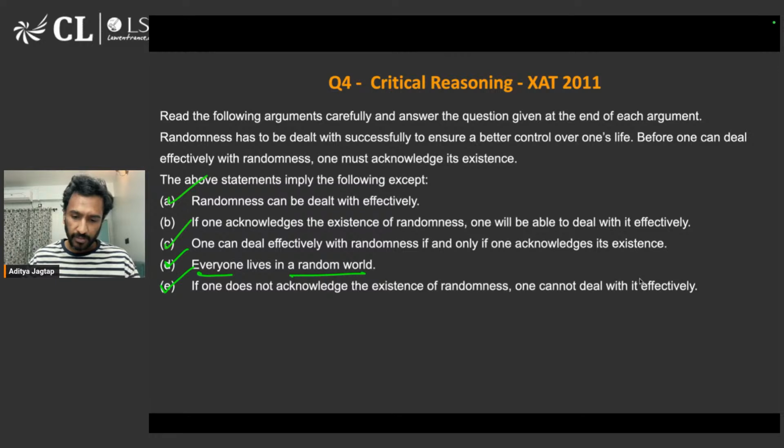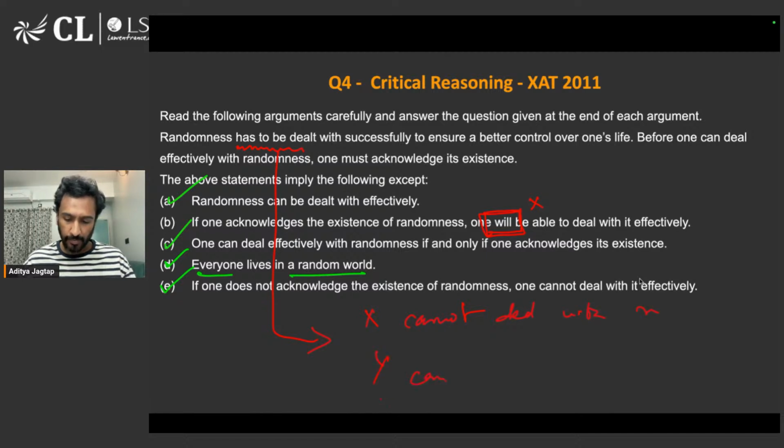The invalid inference here would be if one acknowledges the existence of randomness, one will be able to deal with it effectively. Right? Here, "will be able to deal with it effectively" is invalid because we don't have any evidence for it. Randomness has to be dealt with, meaning this could be X cannot deal with randomness and Y can deal with randomness and Z. So for different people, the capacity to deal with randomness would be different.